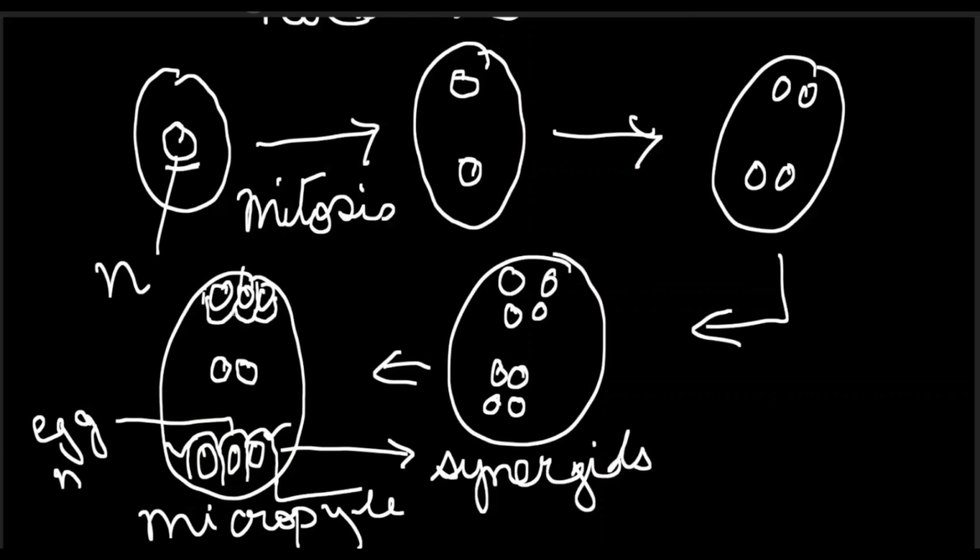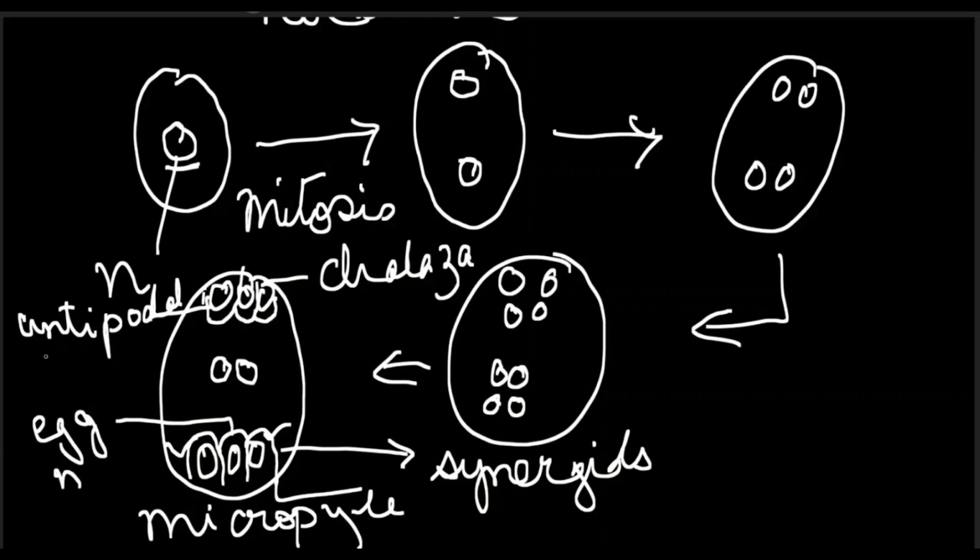And the opposite pole, which is known as the chalaza, these 3 cells which are present at the chalazal end will be known as the antipodal cells. They are the antipodal cells, right?